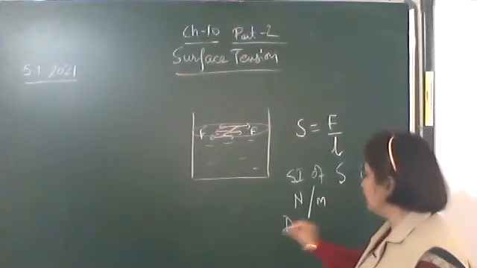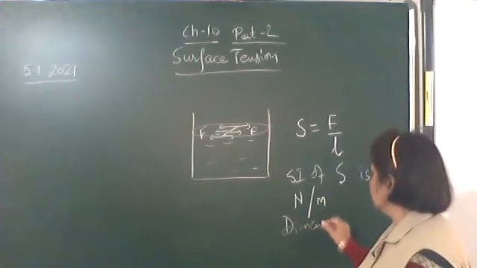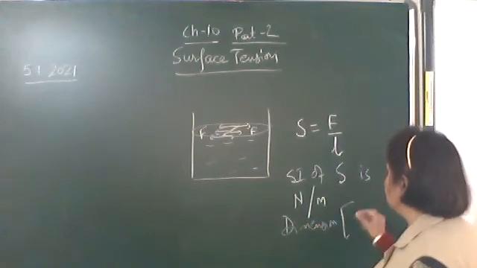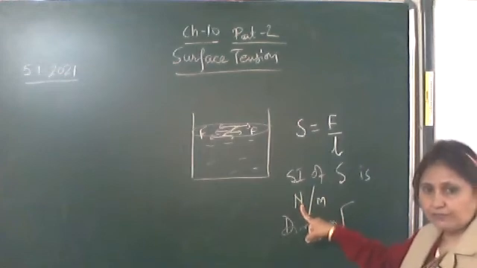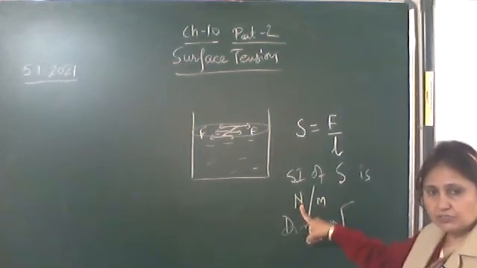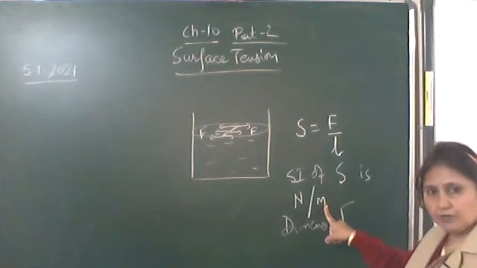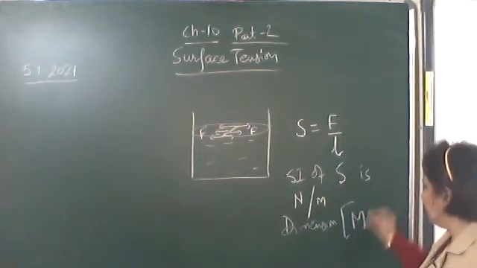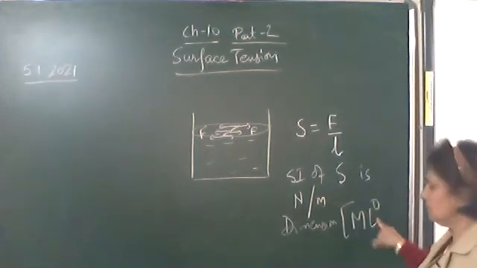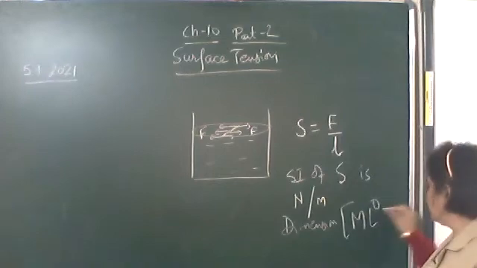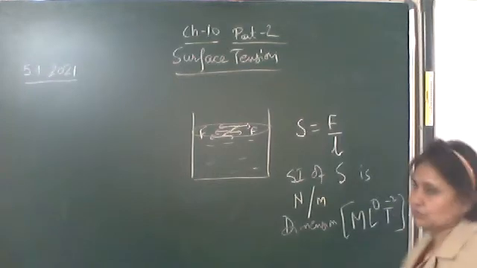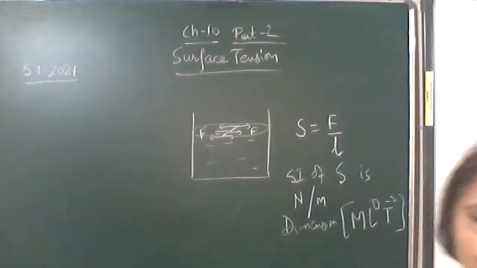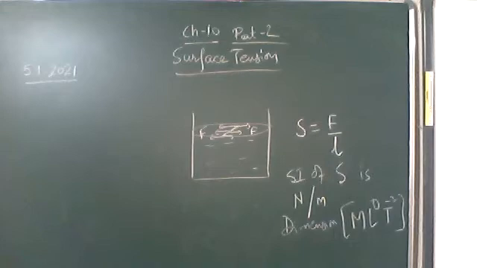And the dimensional formula: Newton is the unit of force, with dimension M L T raised to the power minus 2, upon L. So M raised to the power 1, L raised to the power 0, T raised to the power minus 2. So the dimensional formula of surface tension is M^1 L^0 T^-2.